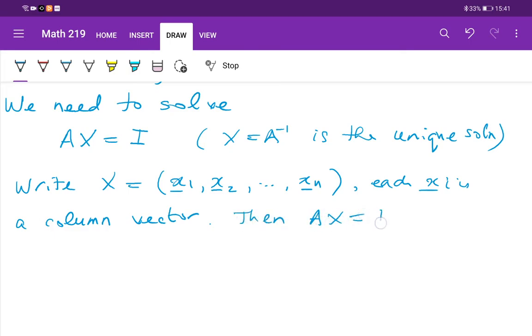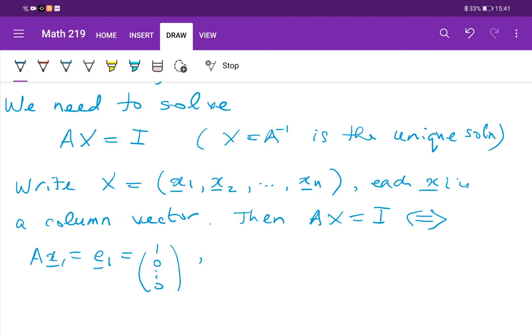AX equals I, the identity of the n by n equation. When you multiply A by X, you multiply by its columns in turn. So A times X1 is the first column of the identity matrix, which is E1, let's call it. This is 1 and the rest are zeros.